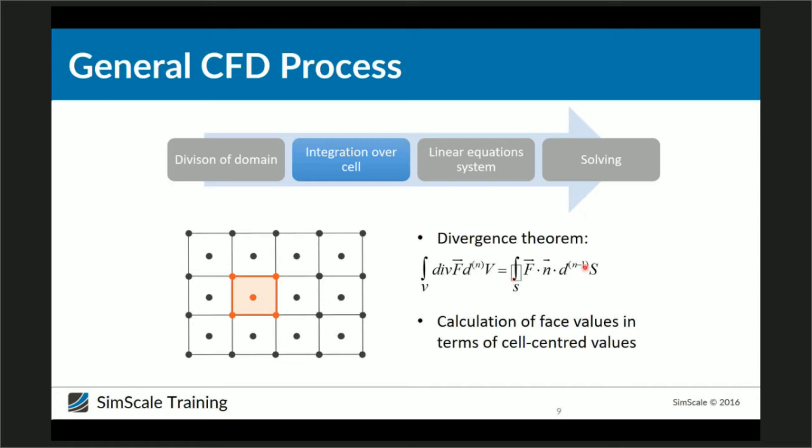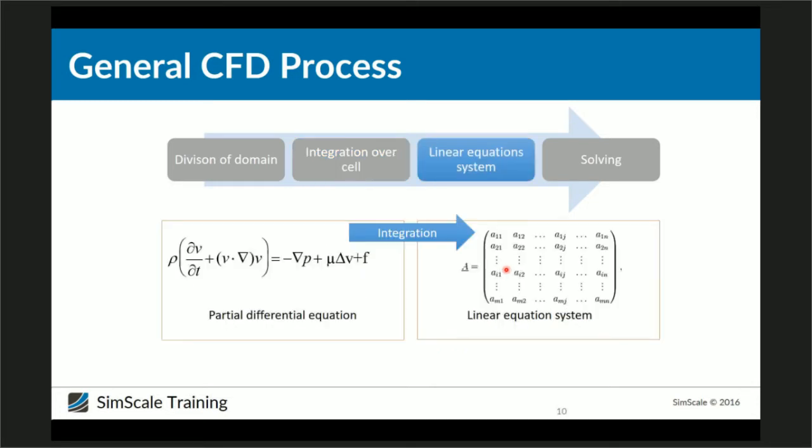This equation gives us a direct relation and allows us to calculate what is happening inside the cell, inside the volume, just by taking a look at what is happening on the boundary surface. Applying this divergence theorem on our domain, on our mesh, will convert these partial differential equations to a linear equation system. And basically, that's the trick. And now we can solve this linear equation system.